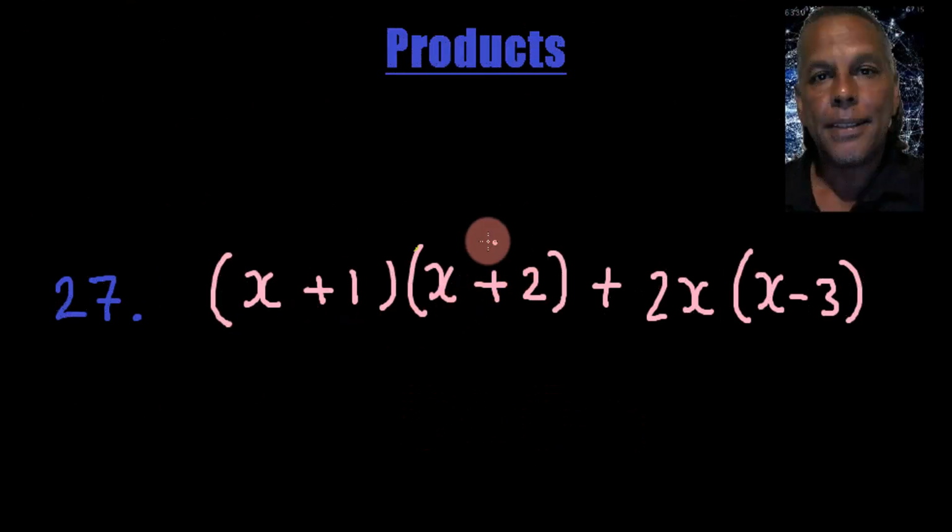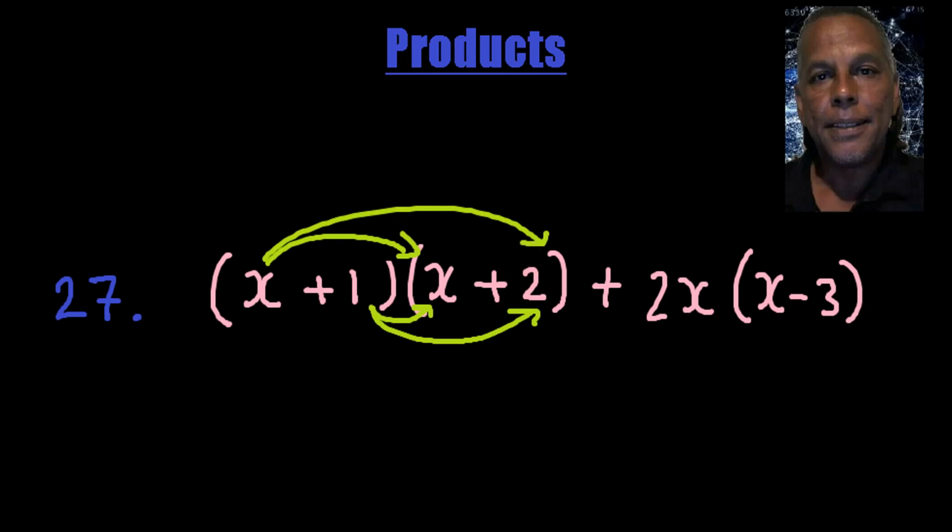We can start by multiplying out these brackets in the usual way. So x times x is x squared. X times 2 is 2x. Then positive 1 times x is positive x.